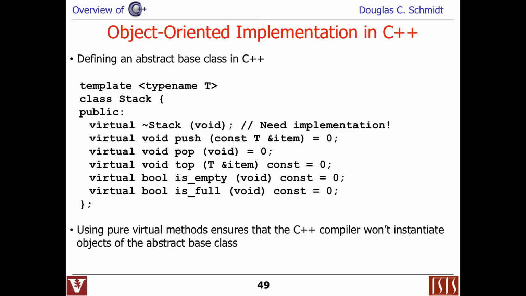What's the equivalent in Java to an abstract base class in C++? Interface would be a great example, or just a class that's abstract, right? Same difference. So there actually are some differences. What's the difference? A little Java trivia question for you. What's the difference between an interface and an abstract class in Java?